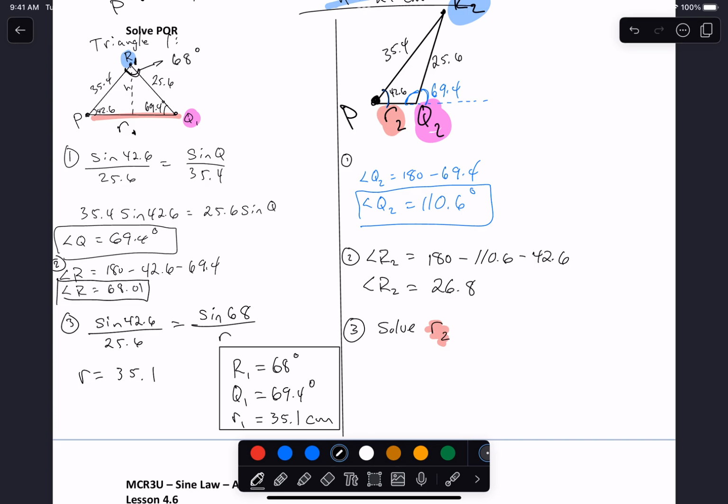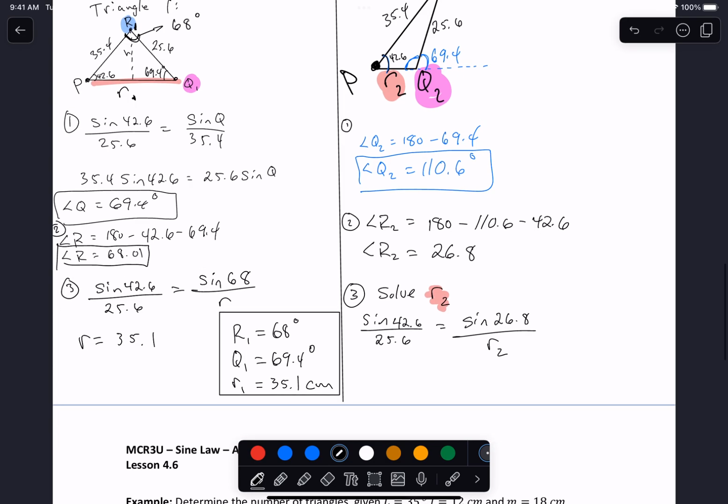So we're just going to go sine of, same as before, I would use the information that's been provided to you in the question, just to avoid maybe a silly subtraction mistake, is equal to sine of R2, which we just found to be 26.8, over R2. And so when I go to solve, R2 is going to equal, here, I'll write it out just so you got it.